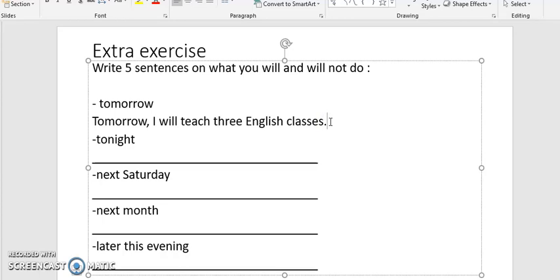Okay, so for tonight, next Saturday, next month, and later this evening, you have to complete by your own.